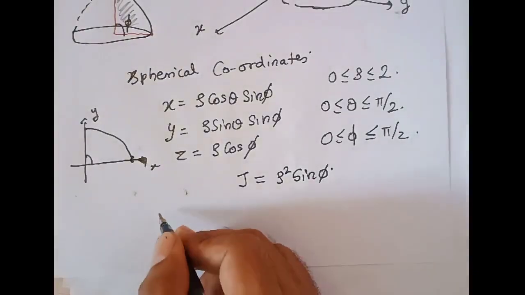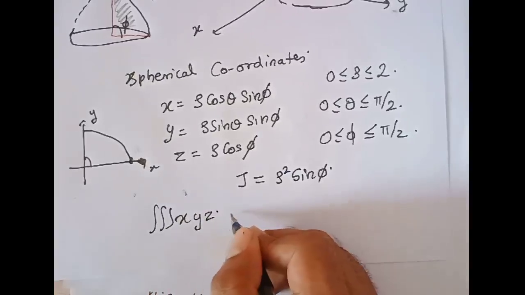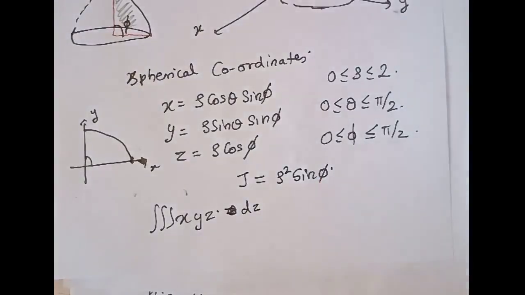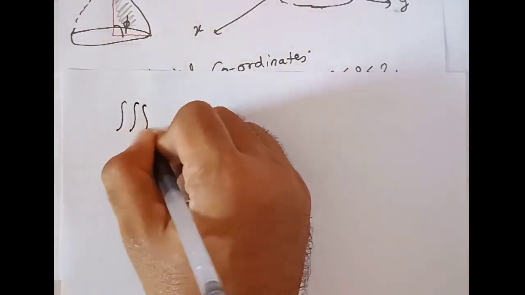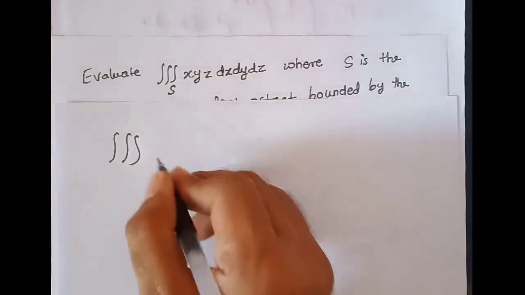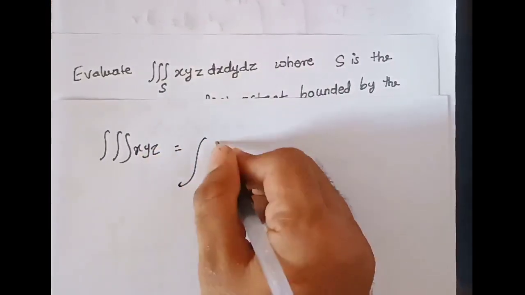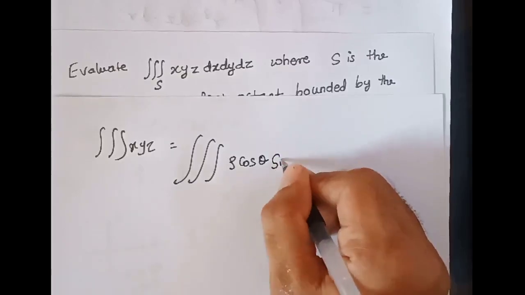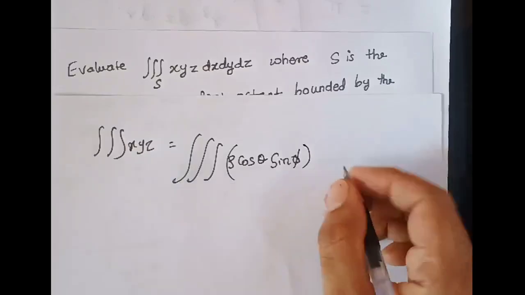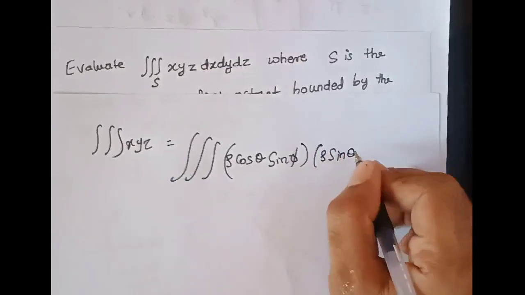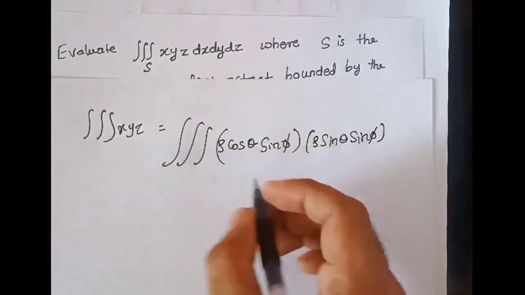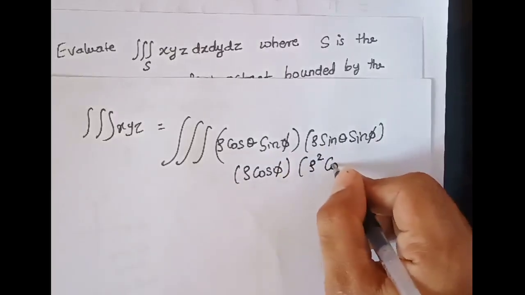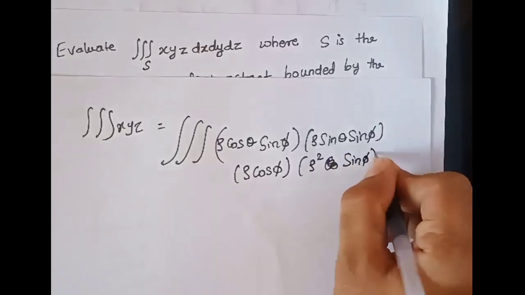Alright. And we need to integrate the triple integral of xyz, so we will do the change of variables. x becomes rho cos theta sine phi, y becomes rho sine theta sine phi, z becomes rho cos phi, and the Jacobian rho square sine phi without fail.